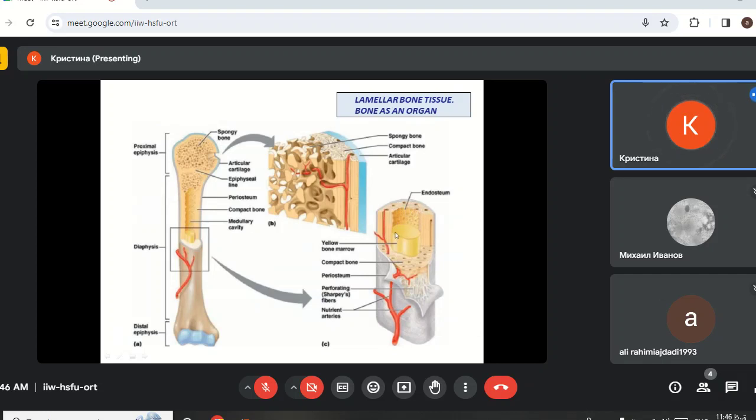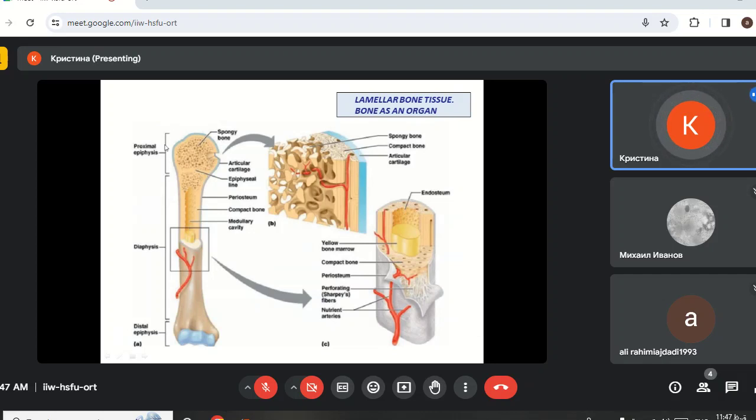It just surrounds the inner space filled with the yellow bone marrow in the adult person. But first, when the bone is just formed during embryogenesis, this cavity is filled with the red bone marrow, which is gradually substituted with yellow bone marrow, which consists mainly of adipocytes, the fat cells.